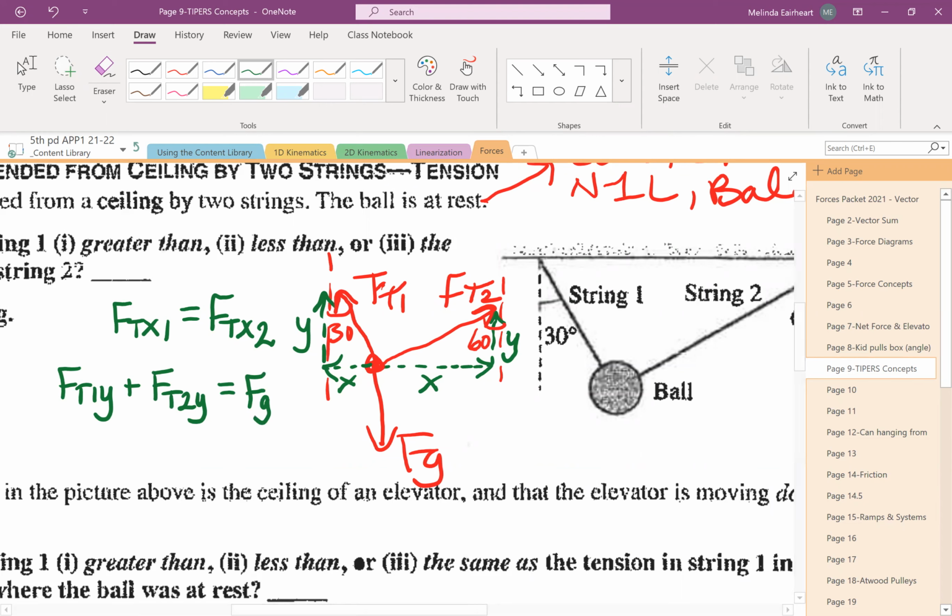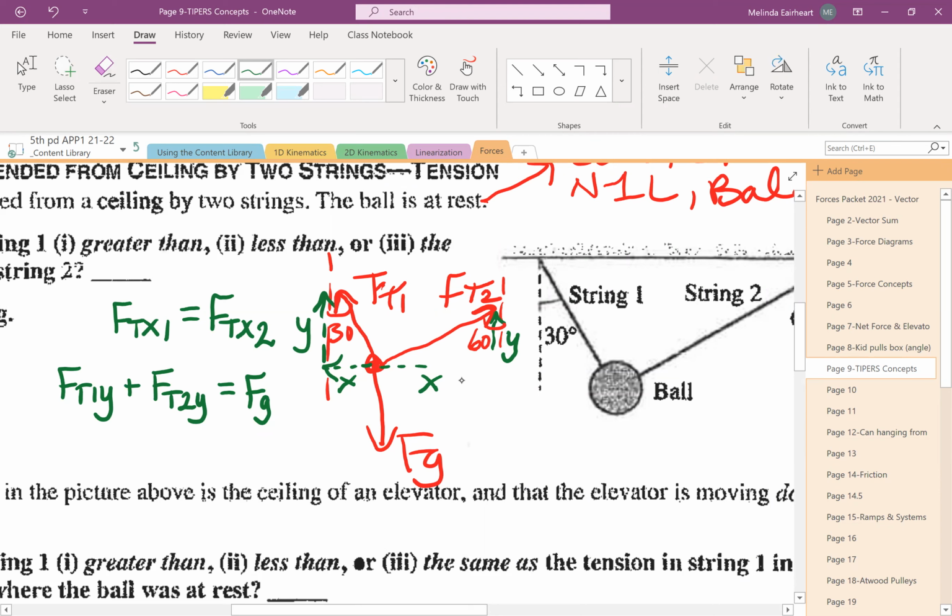Together they support the weight, but it's not going to be a 50-50 breakdown, right? We want to know who's bigger in terms of hypotenuse. Well, they both have the same horizontal, so whoever has the bigger vertical component is going to be a bigger hypotenuse, yes? And so actually, we might be able to draw this out a little better.